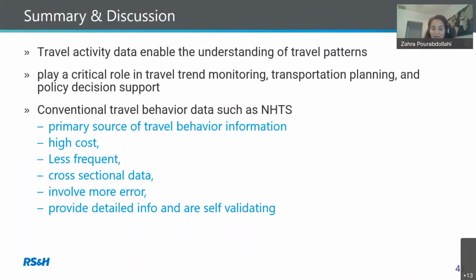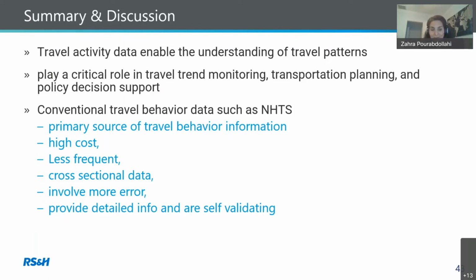There are three types of data, I believe we can categorize, like conventional travel behavior data, such as NHTS. These have been and are still our primary source of travel behavior information, but they are highly costly. That's why they're less frequent. You don't see a survey every year.